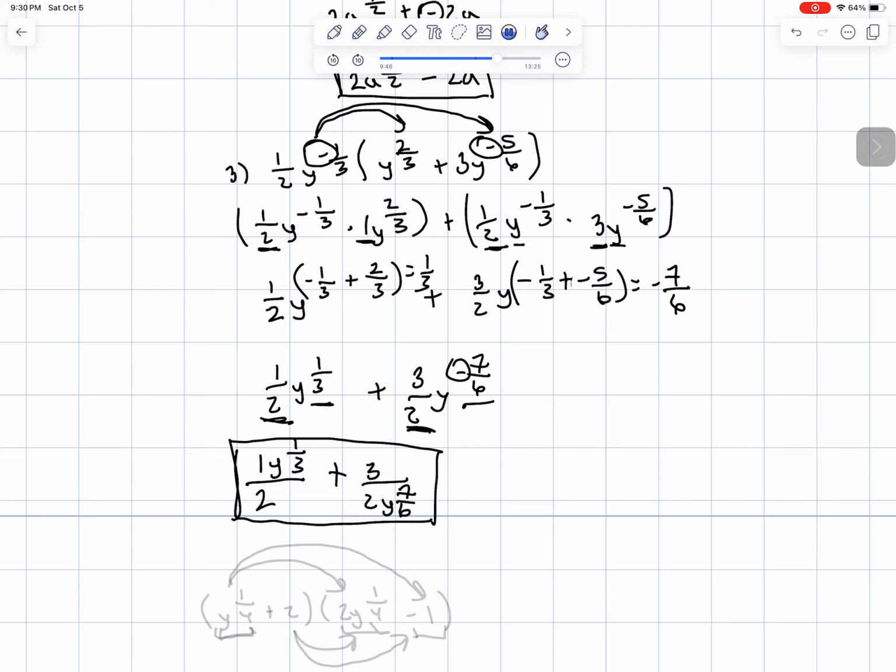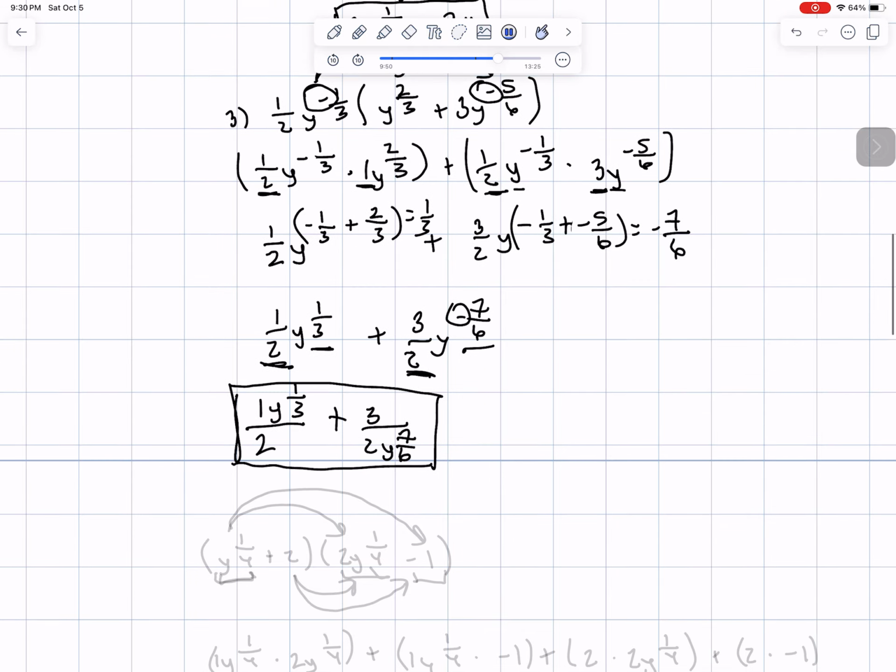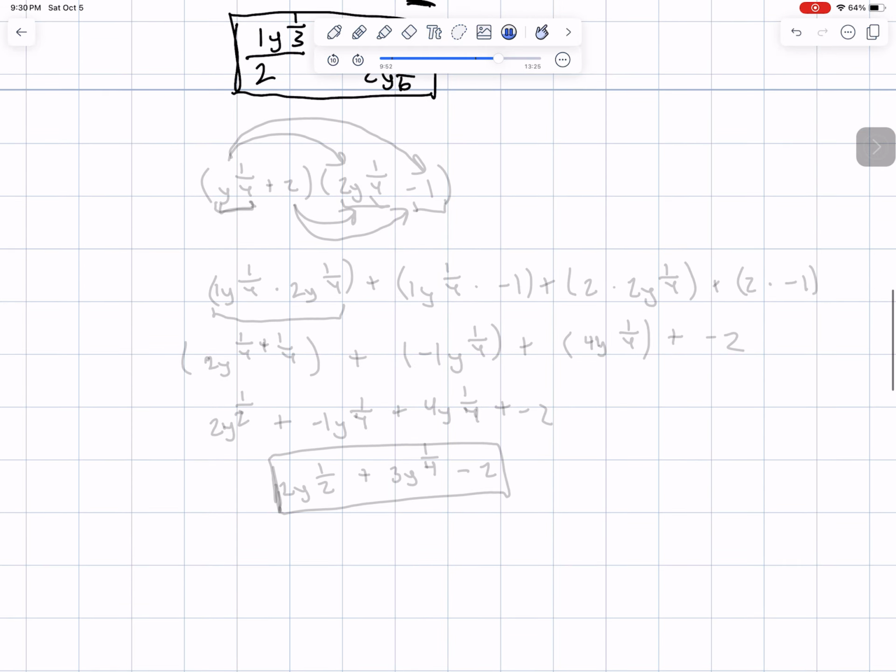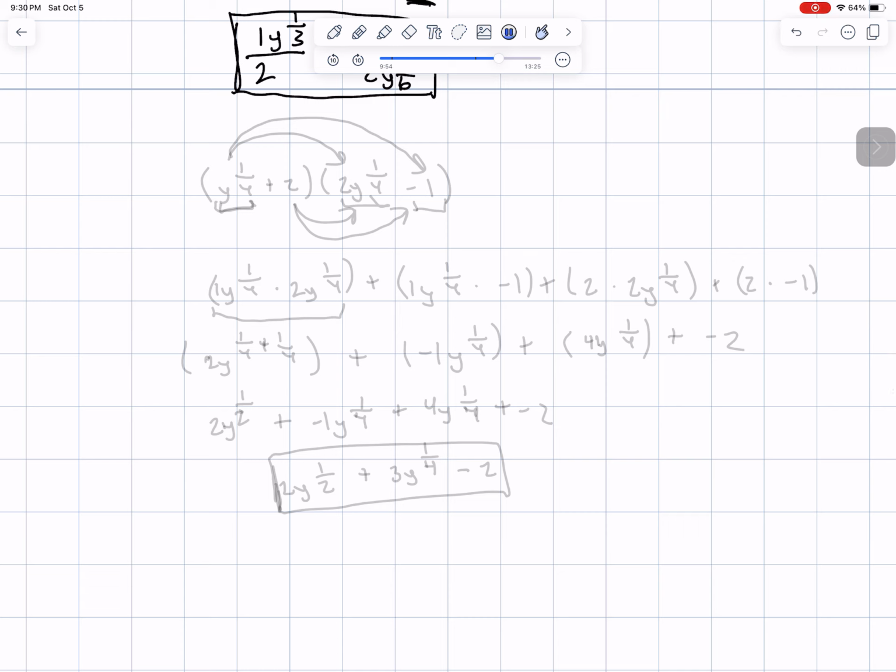Okay, let's do one more. This one's going to be a little bit more in depth because we're going to have 4 different ones this time and not just 2. You'll see once I show it.